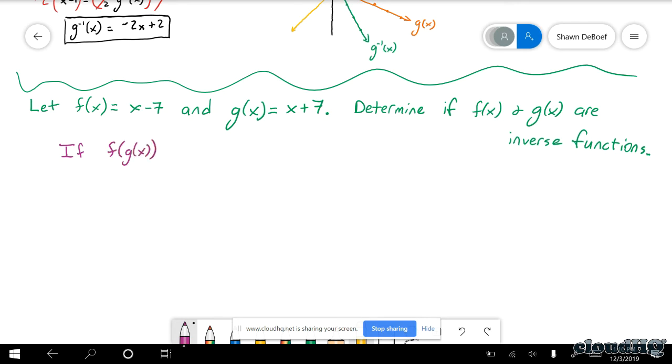If f of g of x equals x, and the other order, g of f of x equals x, then they are inverse functions.